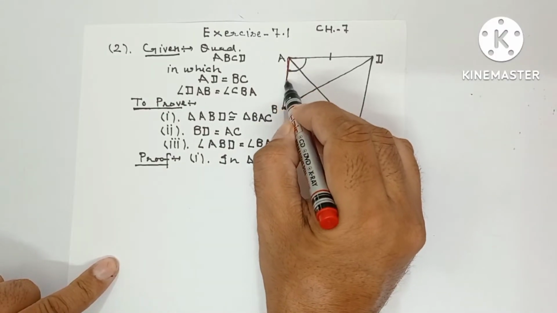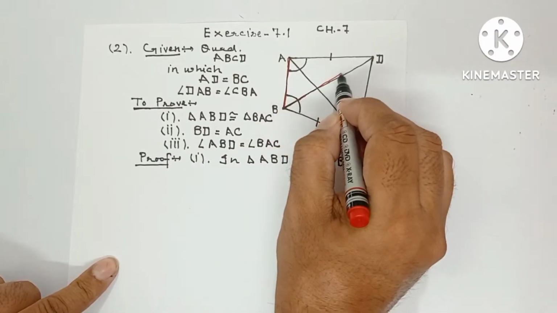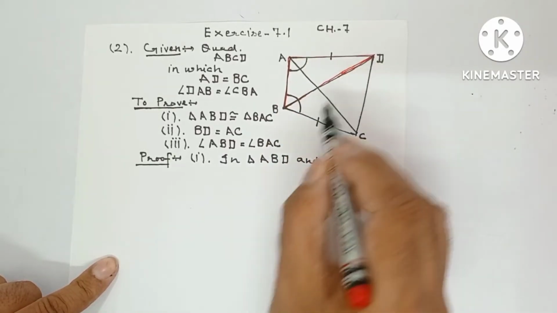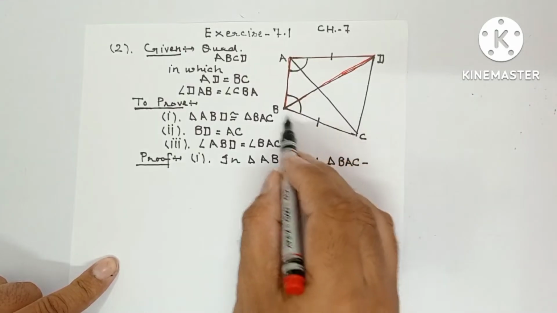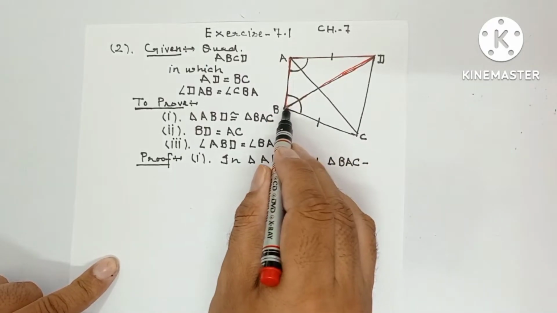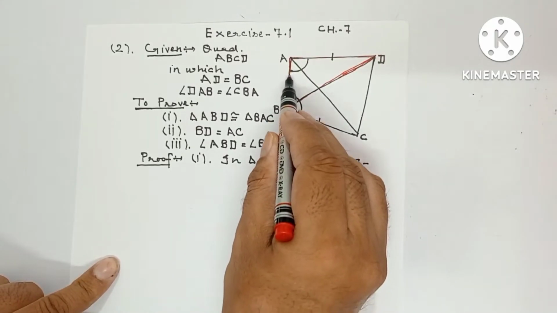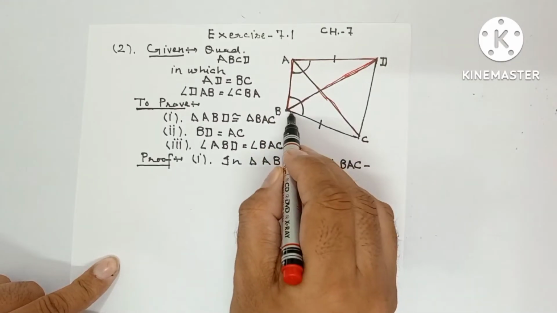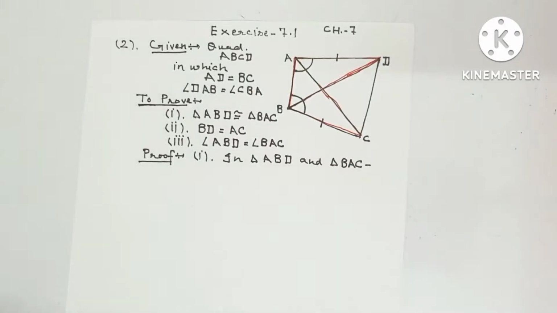This is ABD, this is the ABD triangle. And the other triangle is BAC, this one. So we need to prove both these triangles congruent.